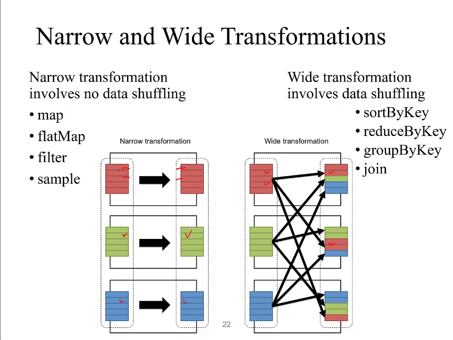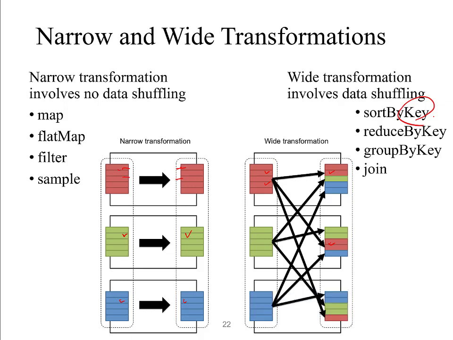And the operations belonging to wide transformation are sort by key, reduce by key, group by key, or join. Well, actually, with join you also need to look at the key. So this is not always correct, but usually, when a key is involved, it's a wide transformation.